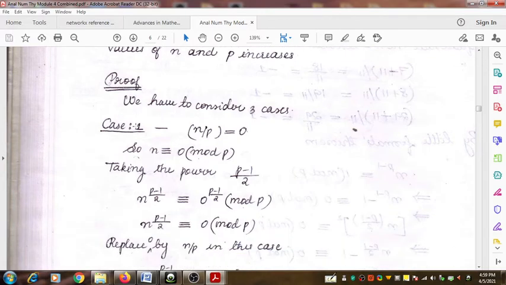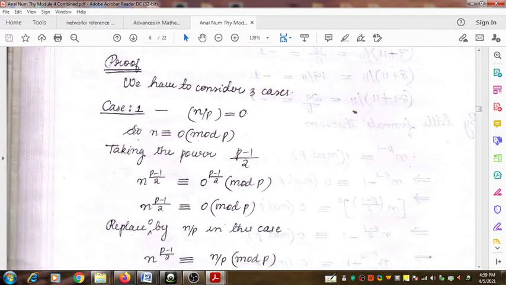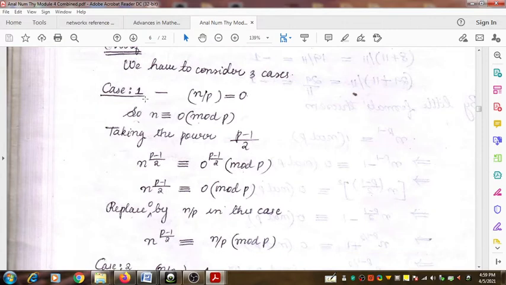We have divided the proof into different cases. In the first case, we consider the Legendre symbol (n/p) and assume that (n/p) equals 0.